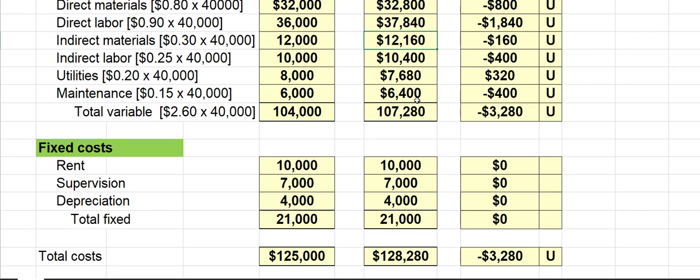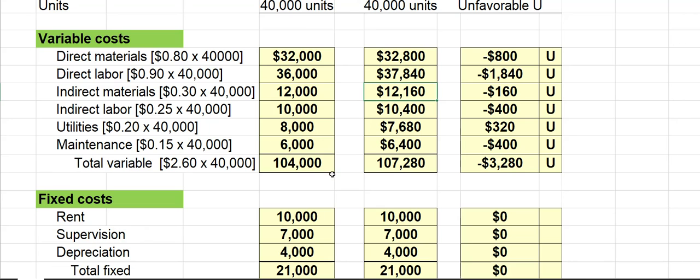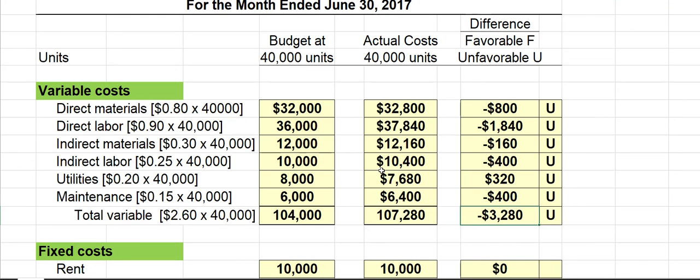And so when you add all of your actual cost, you're now looking at a budgeted level of 104,000 compared with the actual of 107,280, which is unfavorable, $3,280, which is also equal to the sum of the individual variances.